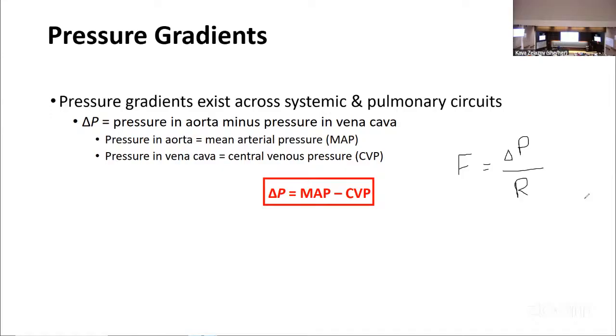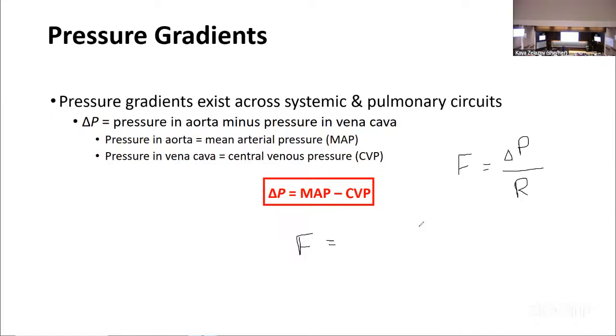So for our systemic circuit, if we're trying to figure out what the flow is, we can start subbing in values already, right? So for this pressure difference, looking at that map of the heart and vasculature, we put a dot at the beginning of the circuit, where we have the aorta.